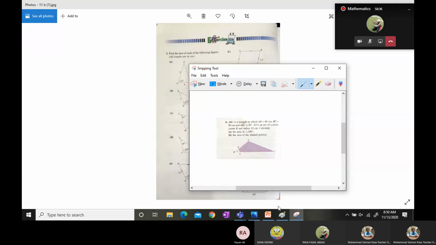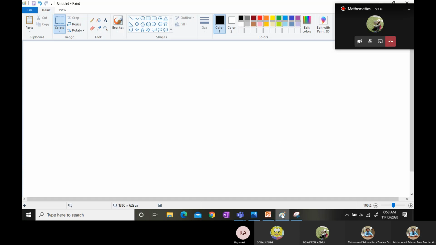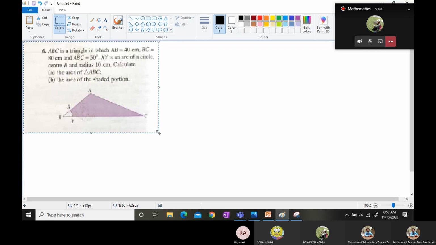For that, I'm pasting here a question from the exercise, which exactly looks like a past paper question. You can see it over here now that ABC is a triangle in which AB is 40 centimeters, BC is 80.